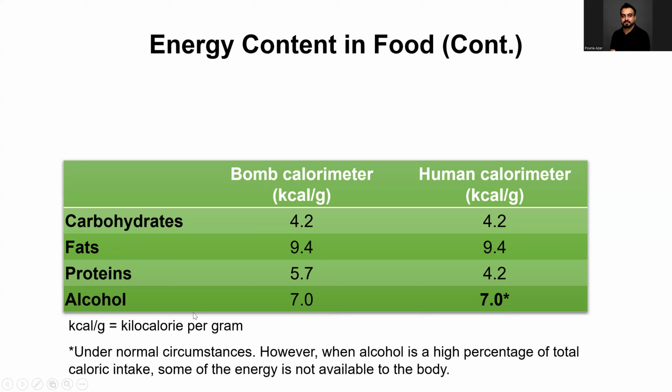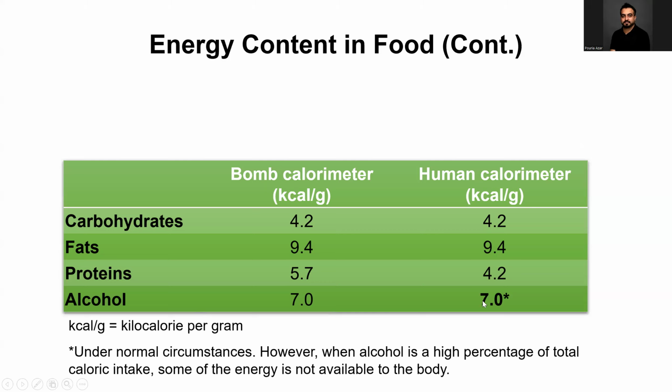So burning 1 gram of alcohol in the bomb calorimeter, or consuming 1 gram of alcohol, gives 7 kilocalorie energy. And this 7 is under normal circumstances.